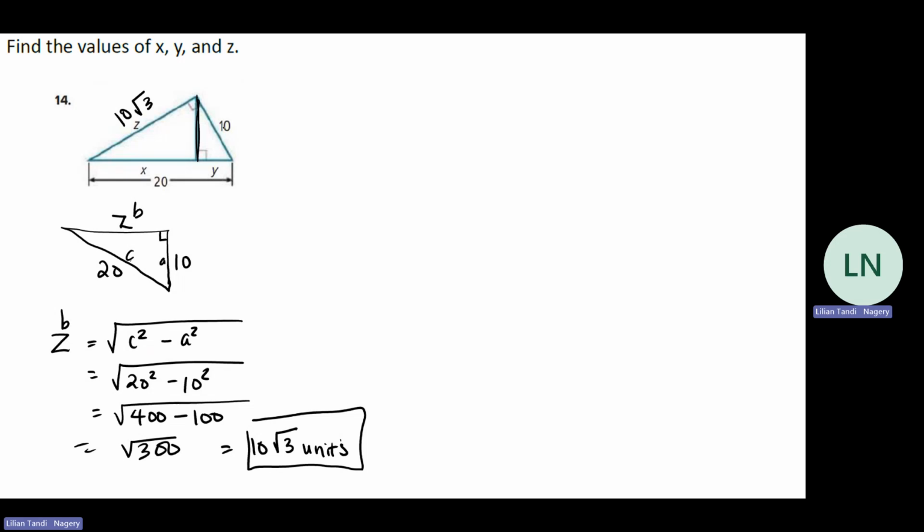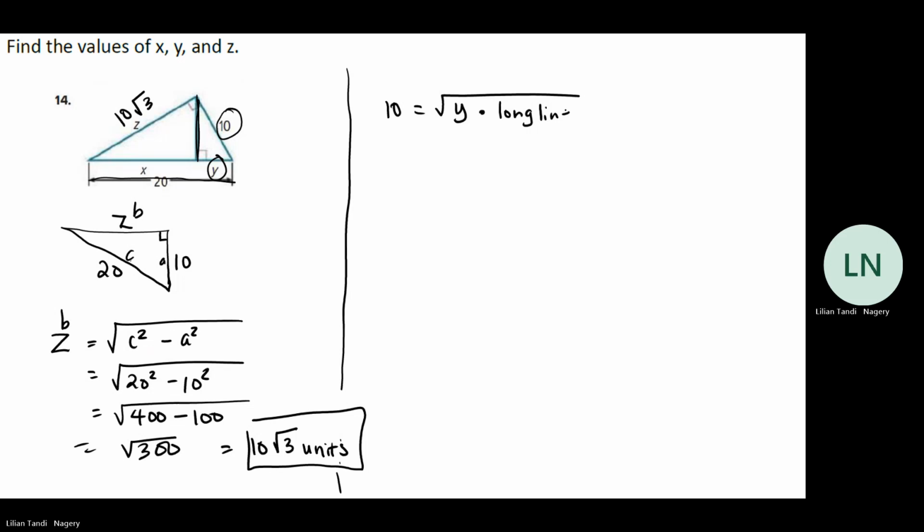So to get 10, I should do y times the long line. Yes. Okay. So if the geometric mean is 10, here I know that 10 equals the square root of y times the long line. Okay, very good.